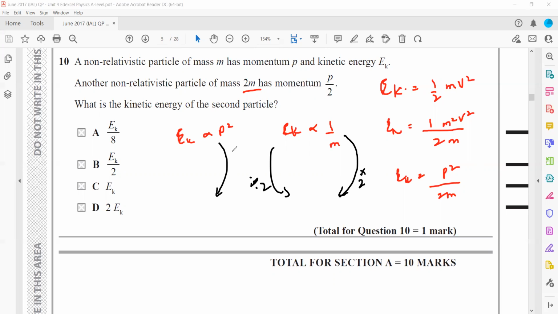And if the momentum becomes half, if I substitute the value, p becomes p by 2. So it will be p square by 4.